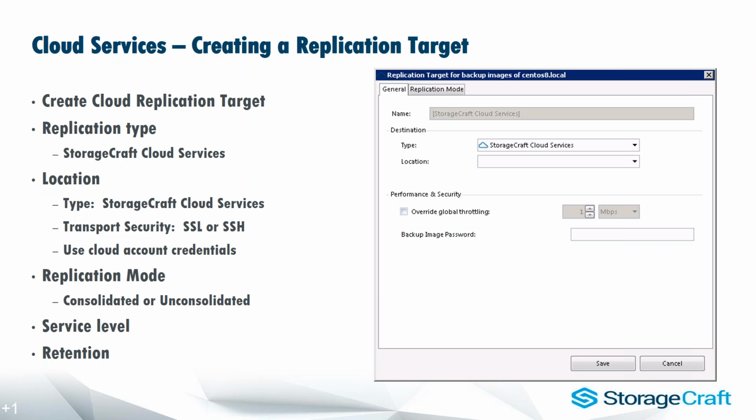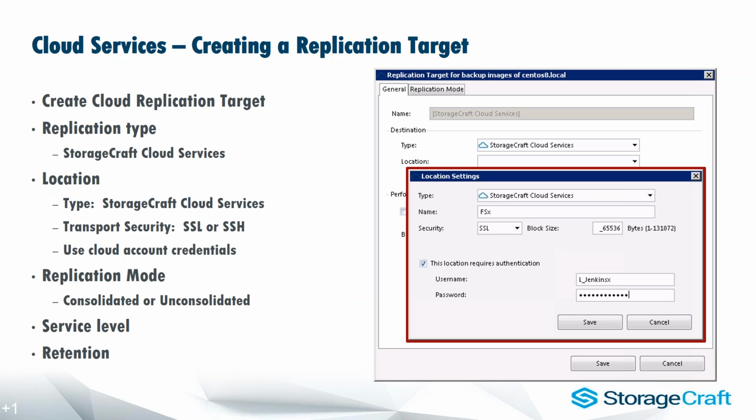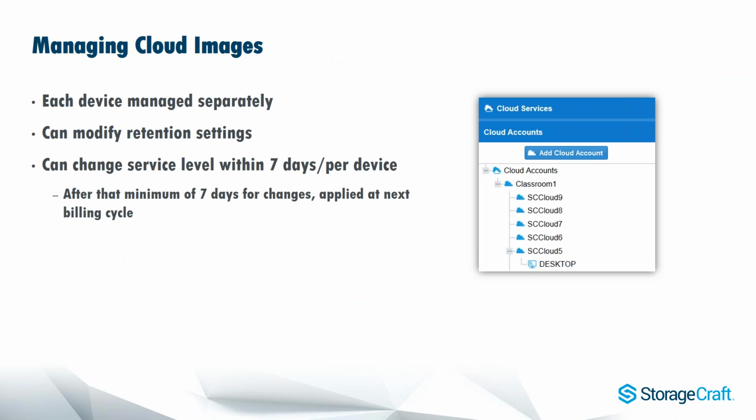Select the replication mode then, consolidated or unconsolidated. Select the service level and select the retention as well. So that's where you go into your location, select your services, your name, your security, and then use your cloud authentication from your account that you've set up that you're going to be replicating this server to.